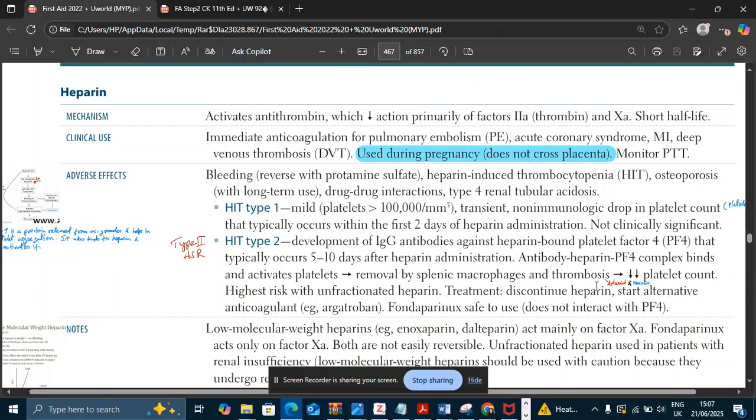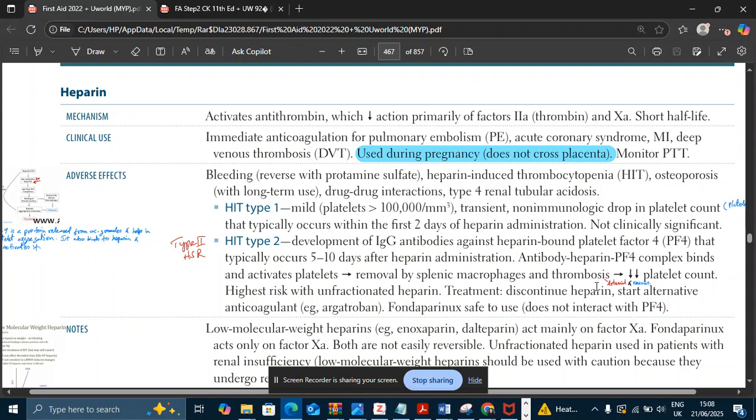So we will see thrombocytopenia and thrombosis at the same time in HIT type 2, because platelets are consumed in the formation of thrombosis, so the platelet count would be reduced. We will see a drop in platelet count of more than 50% from baseline.